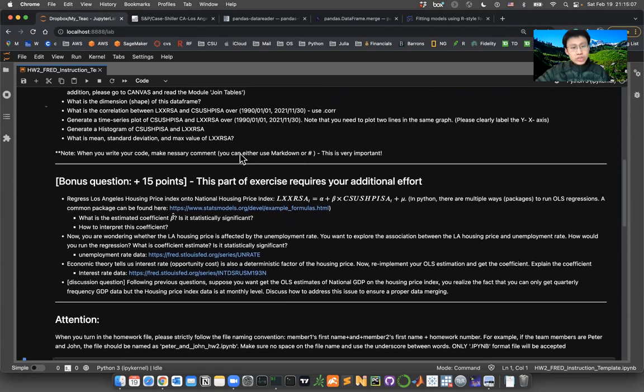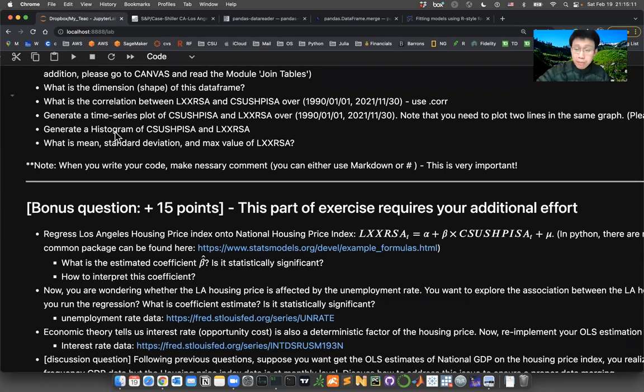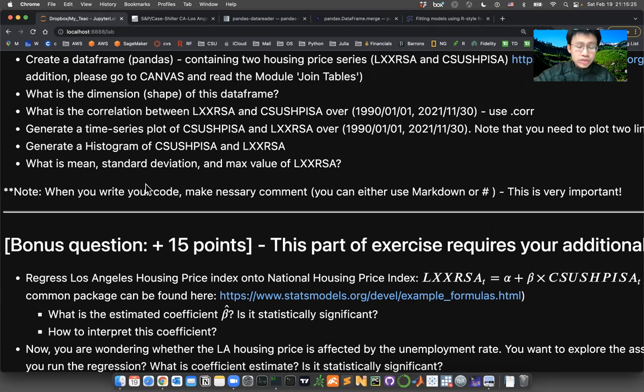Then give me a histogram to capture the distribution of the data for both the national and LA housing price. The very last step for this exercise is to let Python tell you the mean, standard deviation, minimum value, and maximum value of the LA housing price.